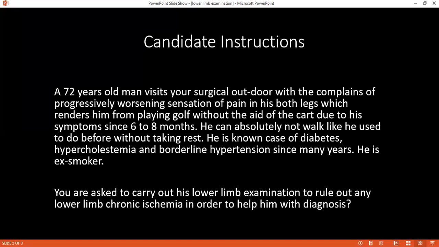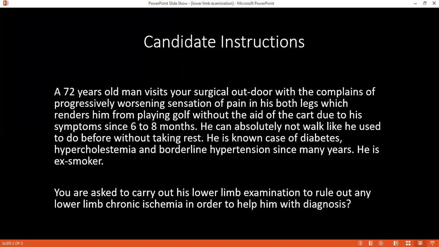Then for management, I will control the blood sugar levels, and for cholesterol, I will start the patient on cholesterol lowering agents, and control the hypertension as well.